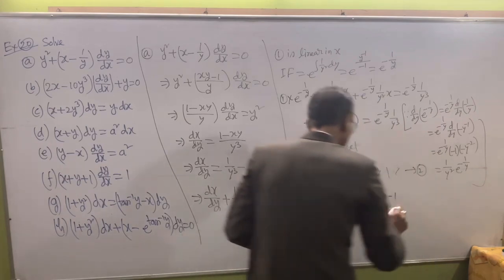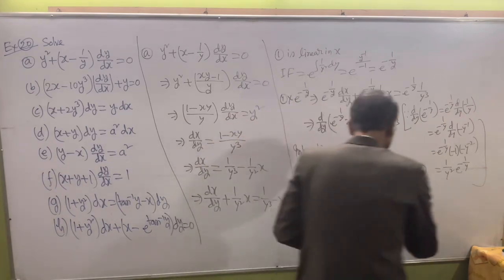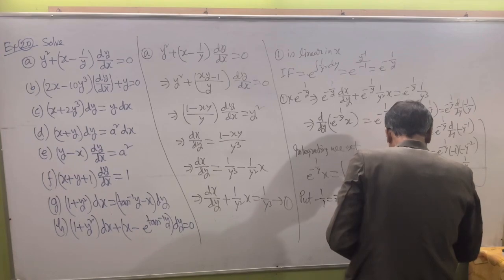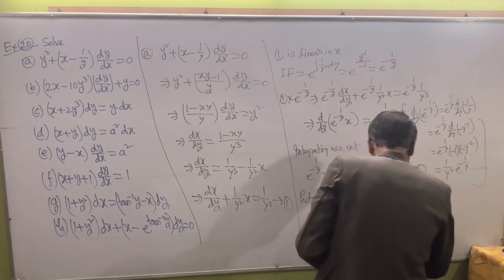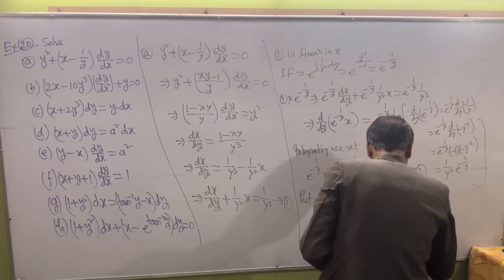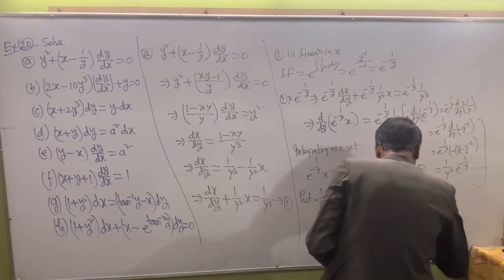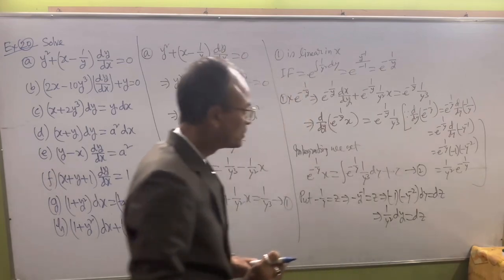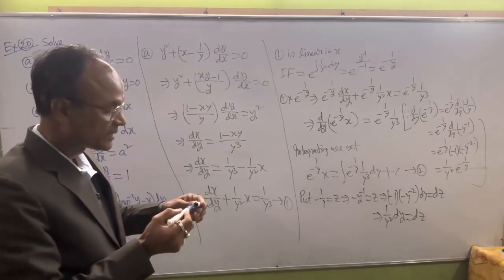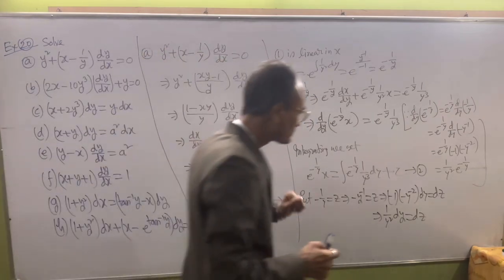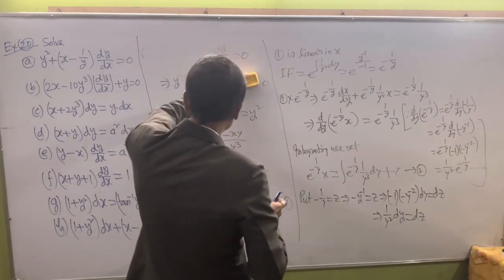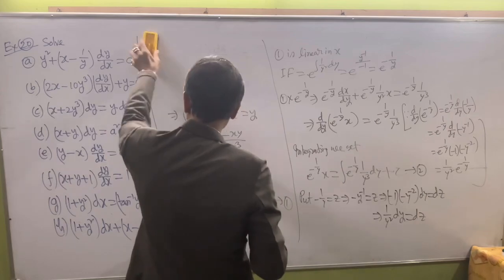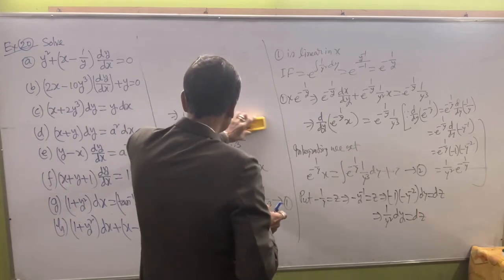This means minus 1 into minus y to the power minus 2 dy equals dz. This means 1 by y square dy equal to dz. You will get this one.